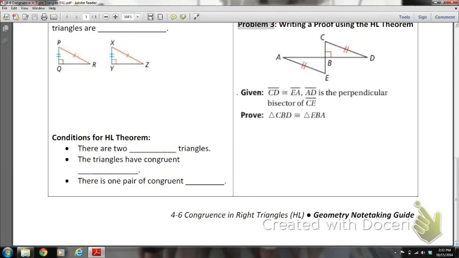Before you can apply it, these conditions have to be true. You have to have two right triangles. The triangles have to have congruent hypotenuses, and there has to be one pair of congruent legs.